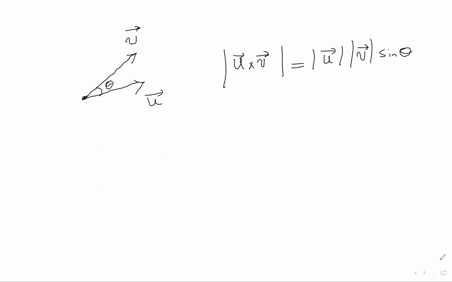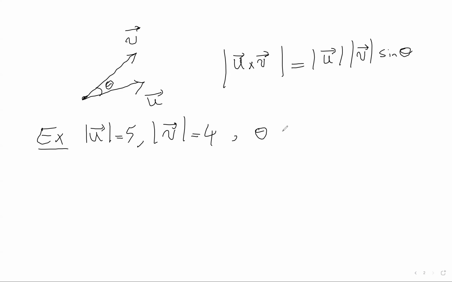So here is one formula, and it's very helpful if we know the lengths of U and V and the angle theta between them. So for example, if the length of U is given to be 5, the length of V is given to be 4, and the angle between them is given to be pi/6 or 30 degrees.